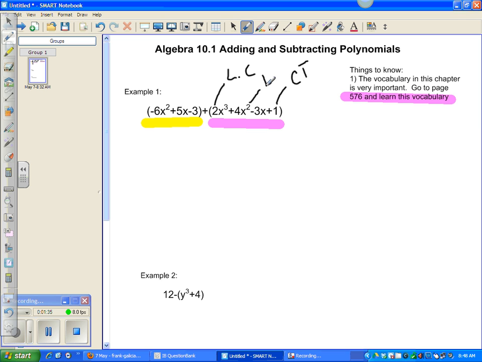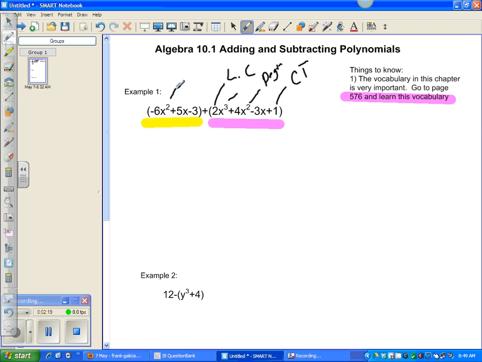The one underlined in purple tells the degree of this polynomial. It is a cubic, because the highest degree is 3, while this one here is only a degree of 2, and that is a quadratic. If the highest degree was 4, it would be a quartic. So just remember those terms as we go through here.